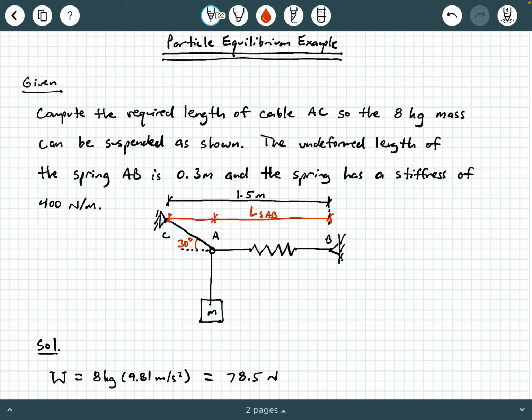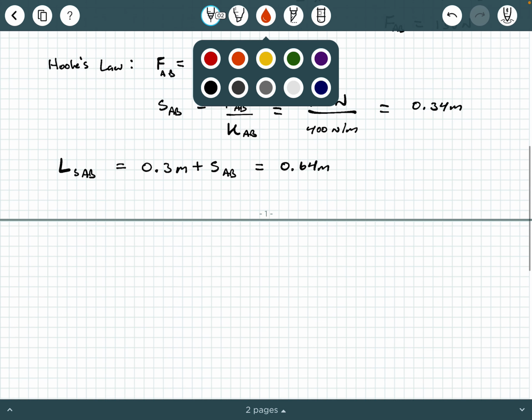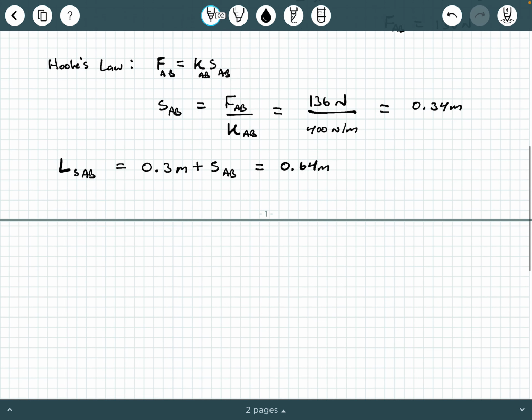Now I just need this, you could call this maybe X_AC, which is the horizontal component of AC, okay? And we can piece it together and relate these dimension lines together. So how about I write that out here? How about I say 1.5 meters equals X_AC plus L_S,AB, all right?